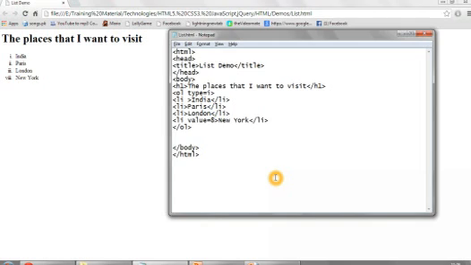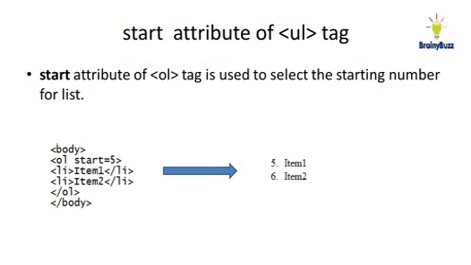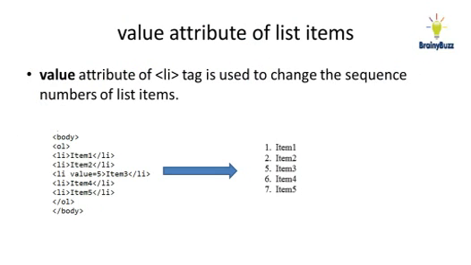This was your ordered list. You have seen the type attribute of the OL tag, the start attribute of the OL tag, which says where you want to start the numbers, and the value attribute of your LI tag, like if you want to display 5 over here, starting the numbers again from the middle.